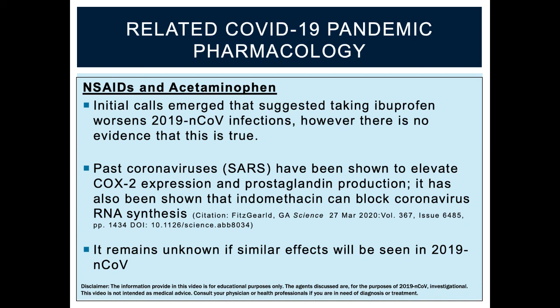In fact, based on prior published data, past coronaviruses like SARS have been shown to elevate COX-2 expression and prostaglandin production. And interestingly, indomethacin, also an NSAID, has been shown to block coronavirus RNA synthesis, but independently of COX inhibition. While the significance of these published results seem obvious, it remains to be determined if similar effects will be seen in the coronavirus.